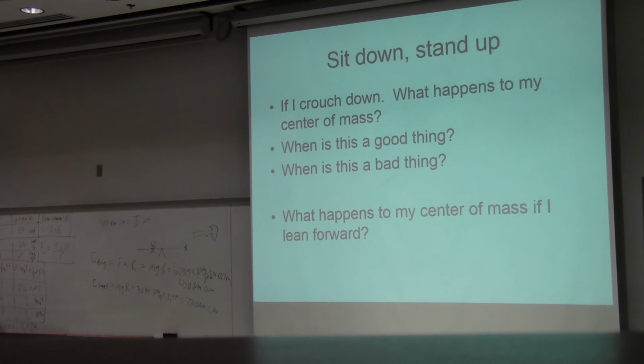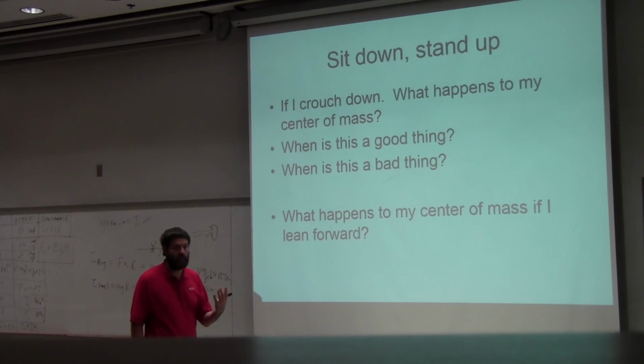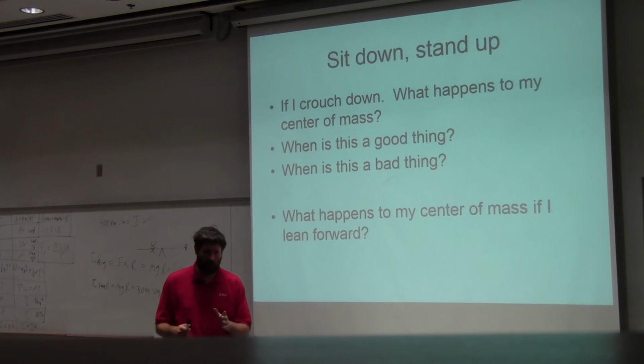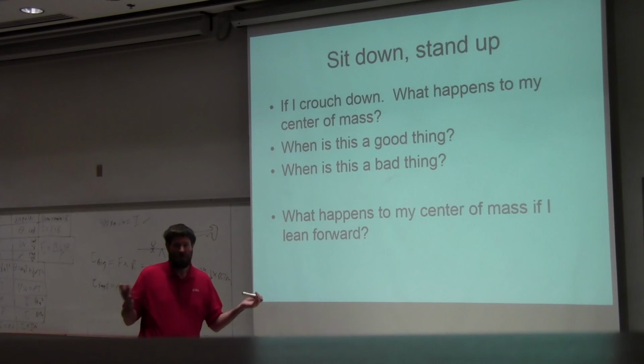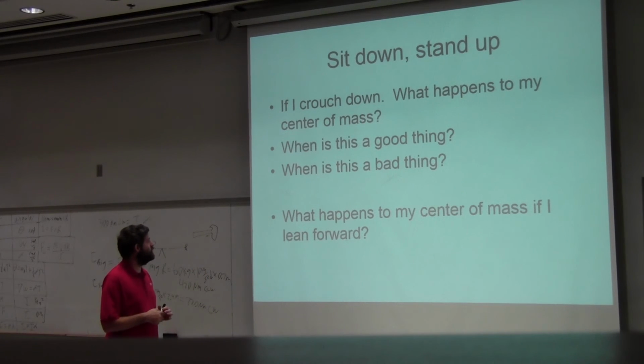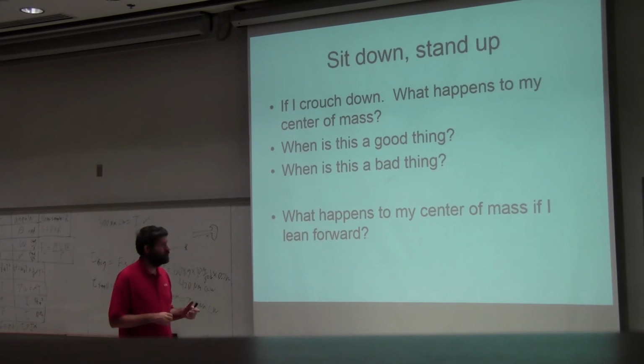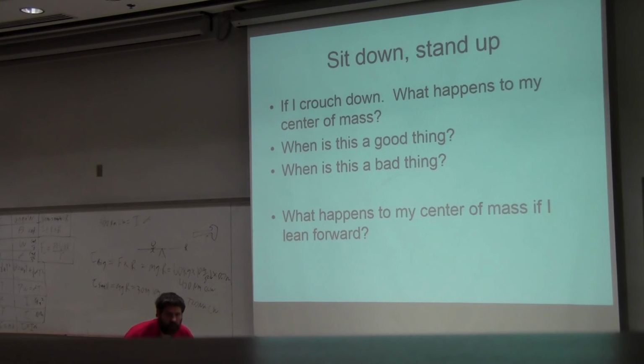Okay. So, what other things is center of mass important for? Well, it turns out it's important for stability. This is more engineering than physics, but it's important as well. So imagine if I do this. What happens to my center of mass? Right now my center of mass is about in the center.